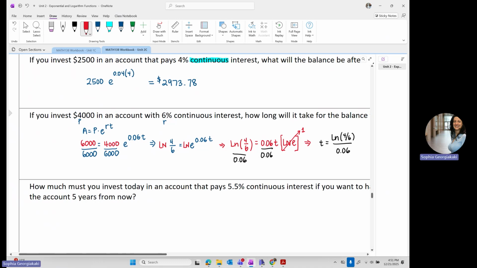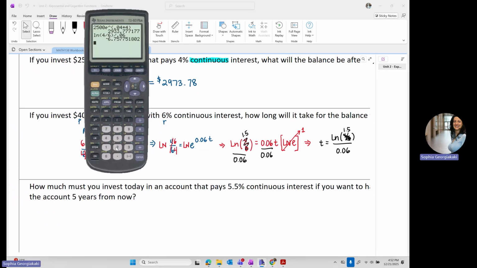And therefore, I'm going to be dividing by 4,000. And therefore, this will be 6/4 or 1.5. So not 4/6, but 1.5. So let's try this again.